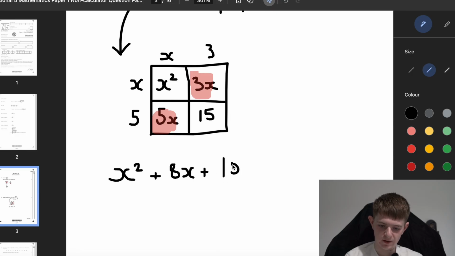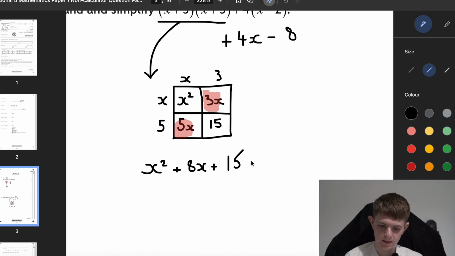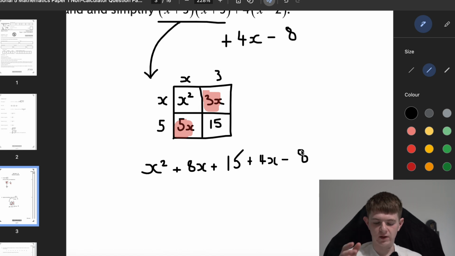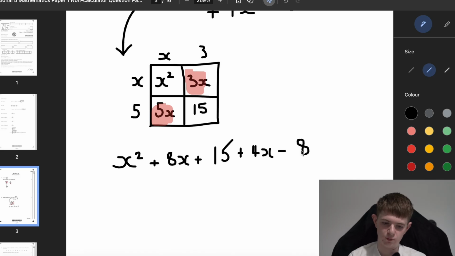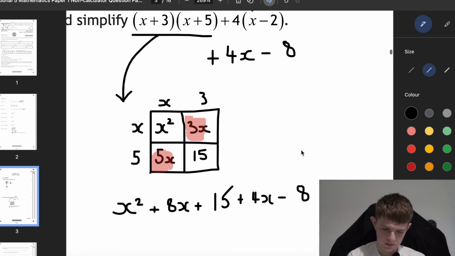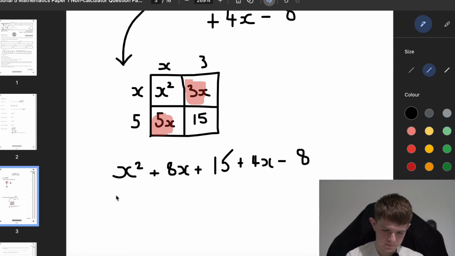And obviously we've got earlier on as well, so we've got the 4x, take away the 8. So I'm going to take away 8 as well. Now we are going to collect our like terms.